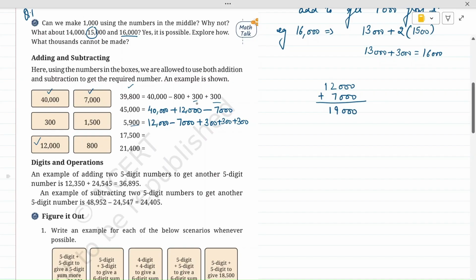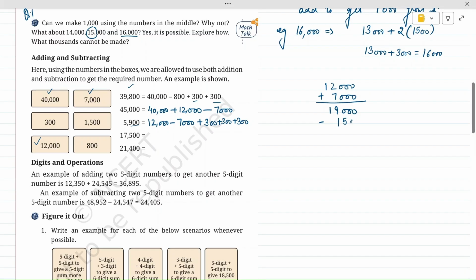So kids, for these questions, you have to do a lot of practice and you have to make a certain judgment also, that which numbers we can use that should be around the given figure. Okay. So we have got 19,000 here. Now from this 19,000, I can subtract 1500.